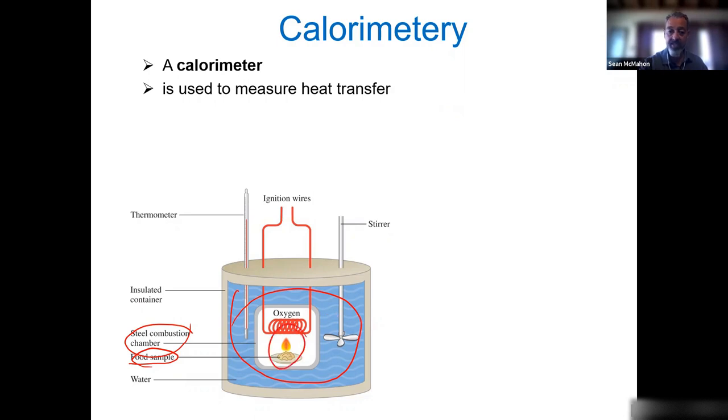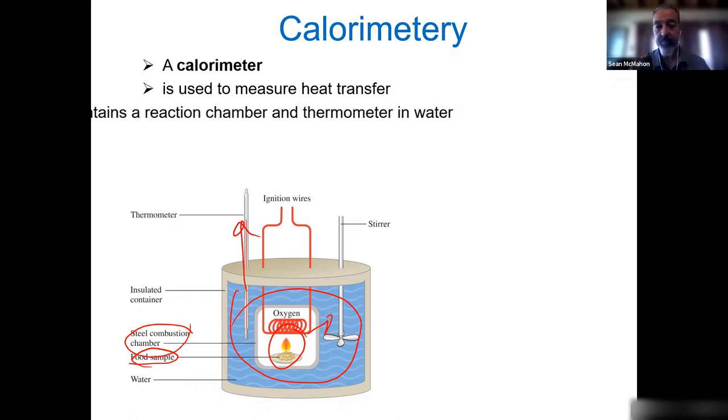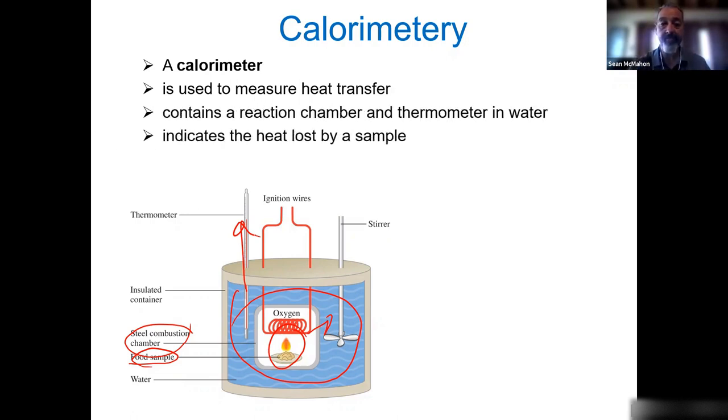And then this is the system. When it releases heat into the water, I can record the rise in temperature and see how much energy the water absorbed. So typically it's measuring exothermic reactions.